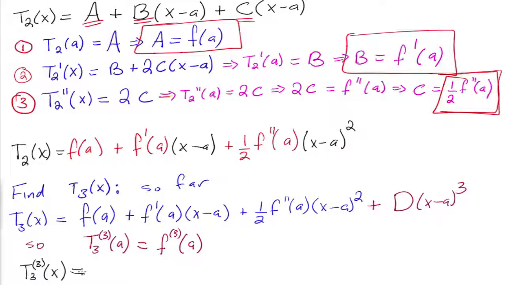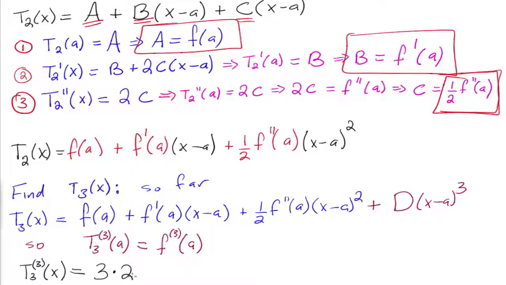Does that make sense? So when I get the third derivative, the first, second, and third terms are going to go away, because every time you always lower the degree by one, right? And what will the last term look like? When I get the first derivative, you bring down the 3, so 3d times x minus a squared. You get the second derivative, you bring down the 2, d times x minus a to the 1.